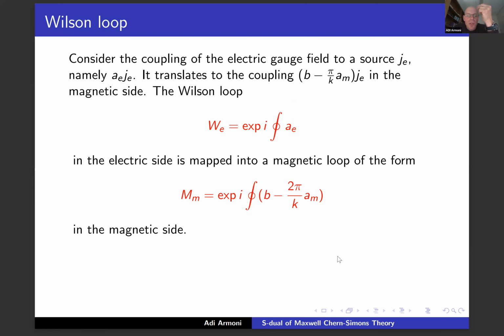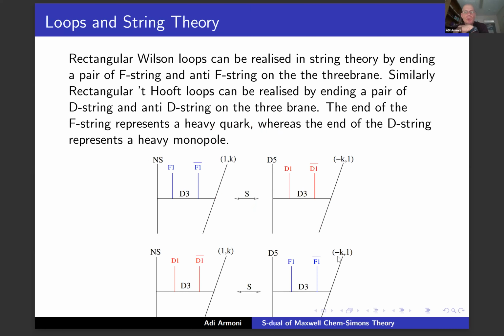So we are interested in knowing what is the object in the magnetic theory, and using the explicit map, we find this object that I think appeared already in the literature. It's a combination of both B and AM.